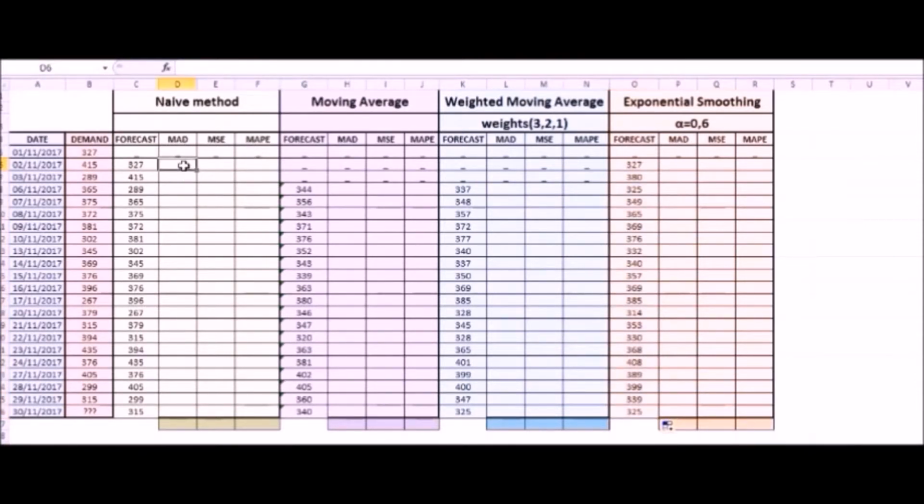The mean absolute deviation equals the absolute value of the actual demand minus the forecast. The mean squared error equals the squared MAD.